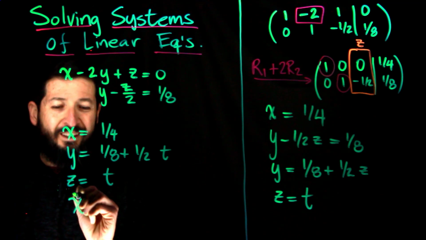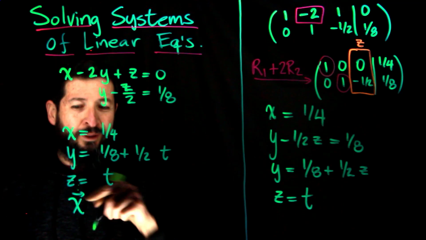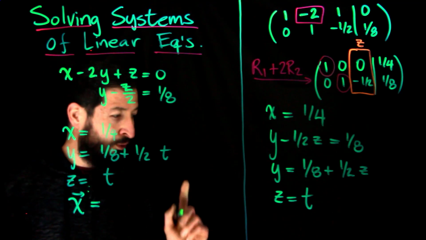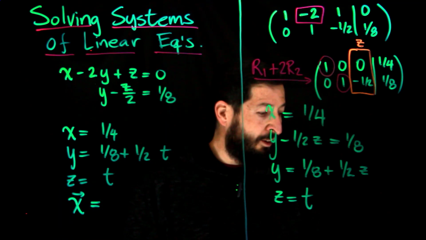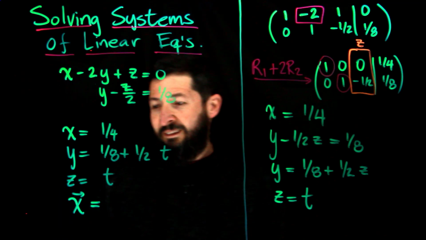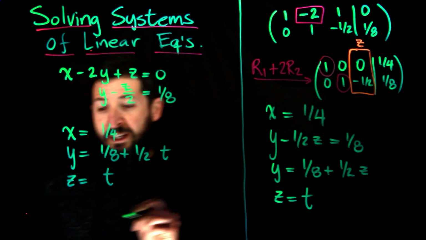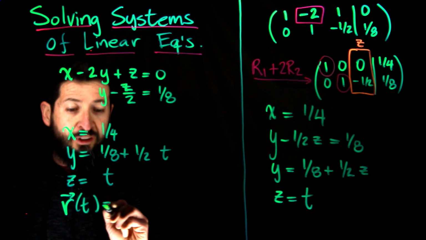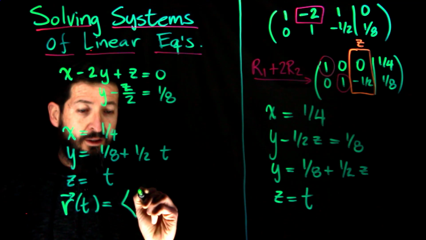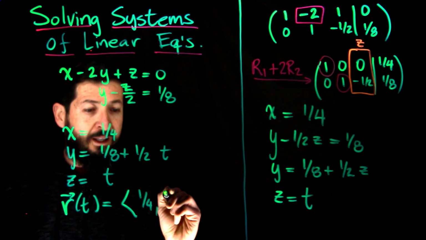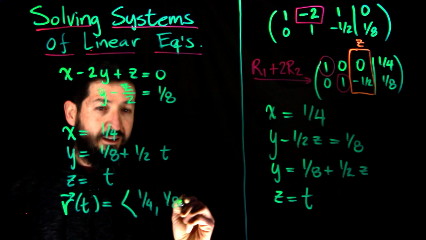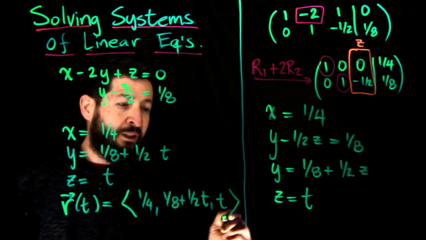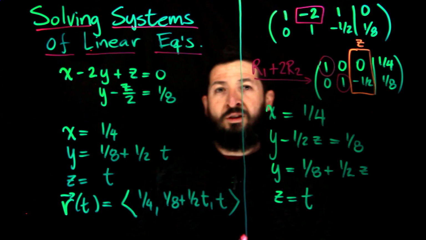Let's write x as a vector with coordinates x, y, z. In Calc 3 we've been calling it r, so let's write it as r. That gives us a vector valued function r of t, which is given by 1/4, 1/8 plus 1/2 of t, comma t. And this is the parametric equation of a line.